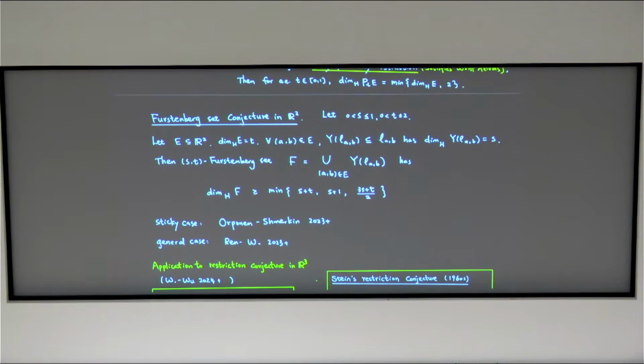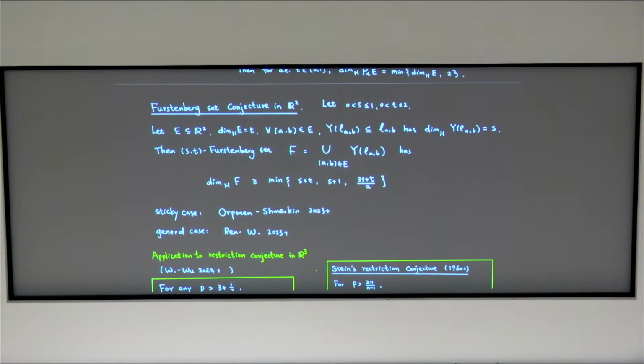For any point (a,b) in E, L_ab is the line parameterized by (a,b), and let Y(L_ab), we call it a shading, be a subset that has Hausdorff dimension s. So this just means a subset of the line. And then we consider the union of those subsets of lines, and we ask, what is the Hausdorff dimension of the union? So this is the Furstenberg set conjecture in R2.